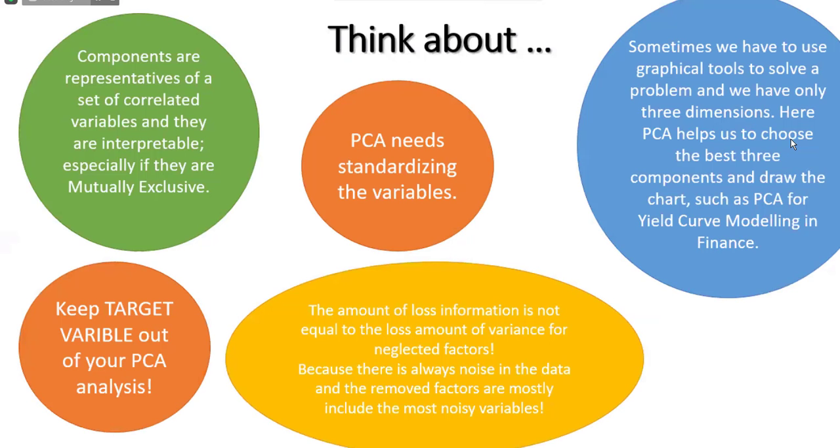Okay, so these are some points that we can think about. These are very important. The first one is that components are representative of the set of correlated variables that Anna described very well, and they are interpretable. Sometimes people say that because the components are a combination of different variables, we cannot interpret them, or we cannot get some meaning of them in our model.